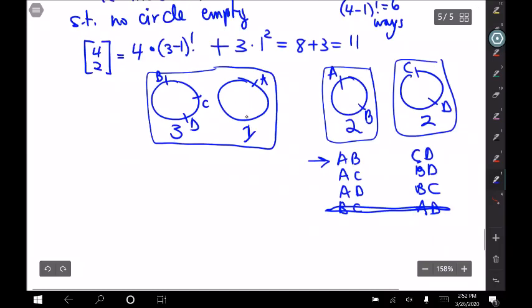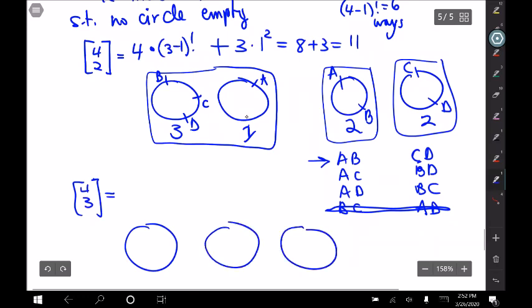Well, we can in a similar way do 4 choose 3. So if you have 3 circles, how many ways can you do that? Wow, 80 answers in one question. Oh, shoot. Okay, that's a lot. All right, and the answers keep coming.